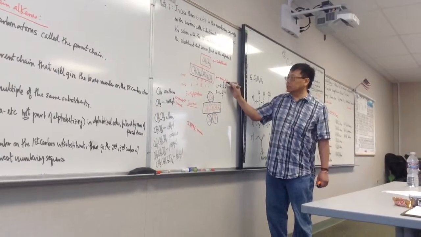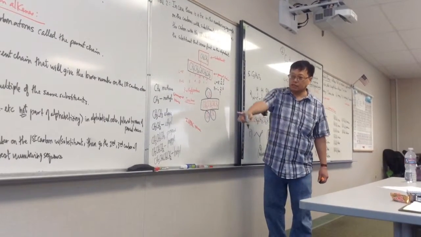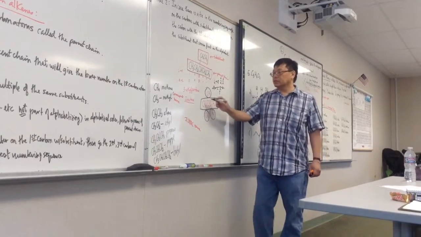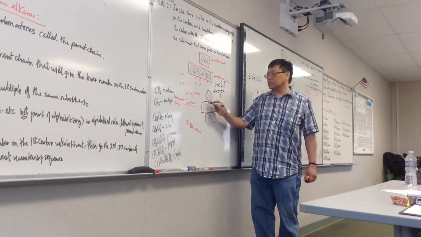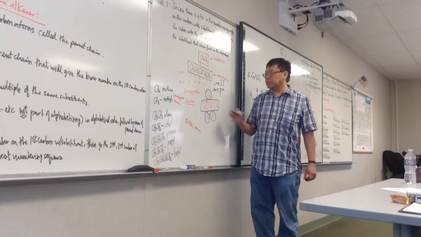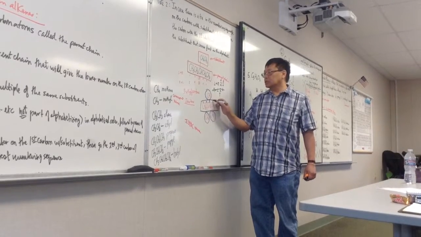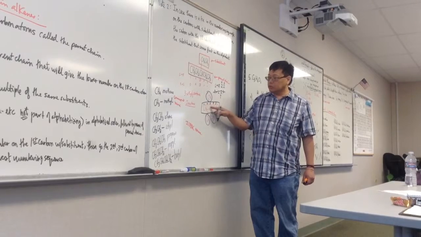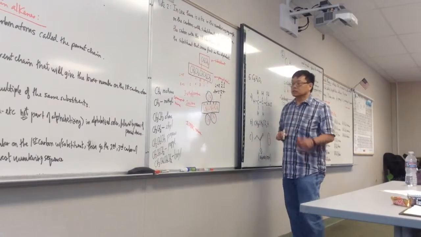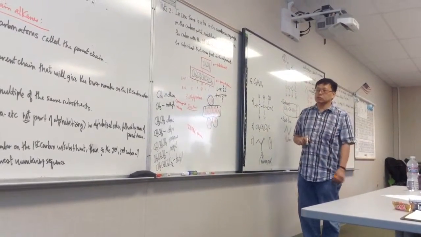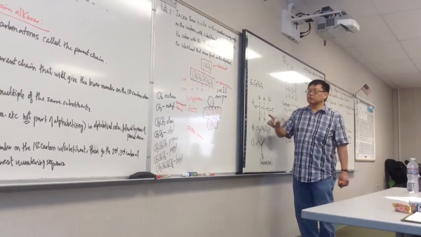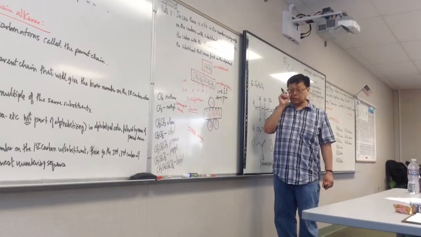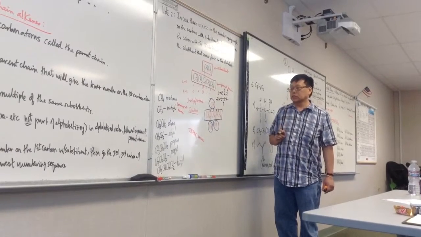Because this one is a lower number on the second carbon, this is not the right numbering. We have to go left to right, because the next carbon is still carbon number 2 here, but the other way the next one is already a 4 if you number it 1, 2, 3, 4. So the correct numbering is left to right because you have a carbon 2 and a carbon 2. That's what note 1 is telling you.